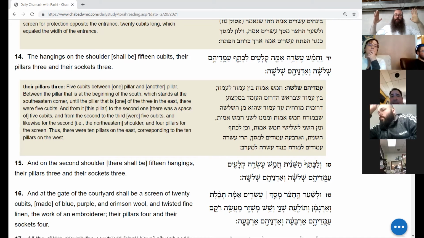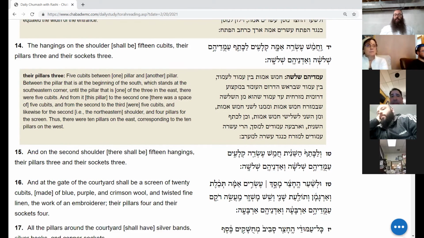Instead of a full 50 amas, it's going to be 15 on one side and 15 on the other side. 50 minus 15 and 15 leaves you with 20, a 20 amma door. So the hanging curtains were 15 amas on each side. So how many pillars did they need? 3 pillars for 15 amas, right? Every 5 amas you put another pillar.